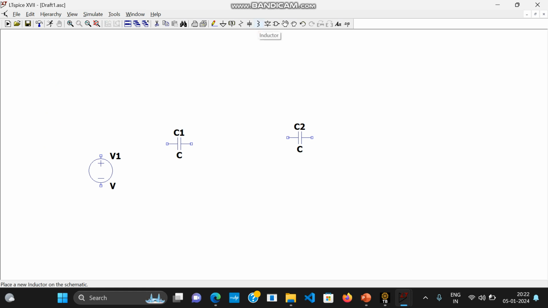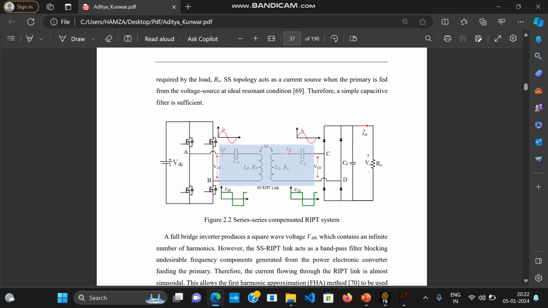From here you can take the inductor, place it here, then press Ctrl R and place the second one here. Now we are done with these five components.